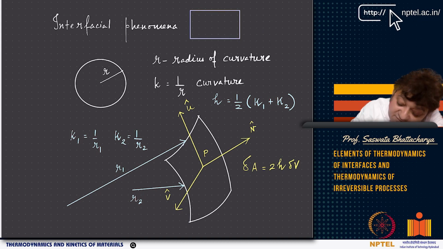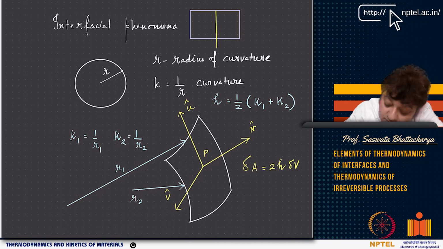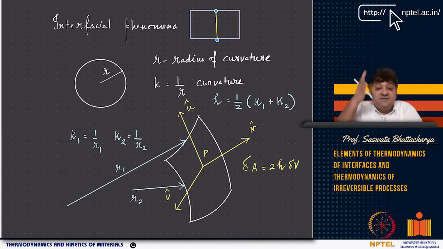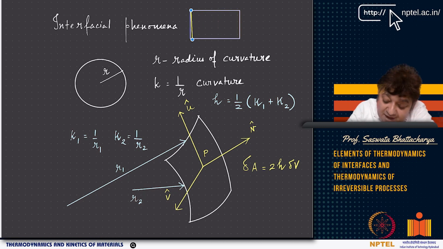Say for example in the sub volume, then this is a flat interface. Flat interface means if you have a completely flat interface, then the radius of curvature is infinity, or curvature is 1 by infinity, which is 0, right?